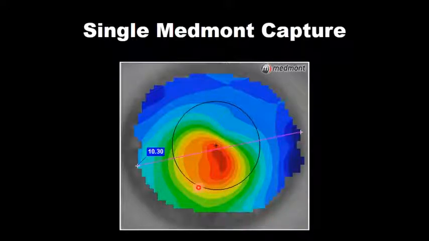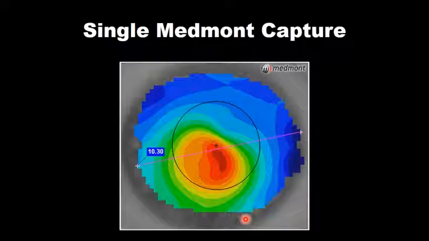You can take a single topography image, which allows a pretty large area of capture. But what Medmont can do is something called a composite topography, which allows you to image 100% of the visible iris diameter. So the Medmont is able to get the largest corneal coverage of any Placido topographer on the market.